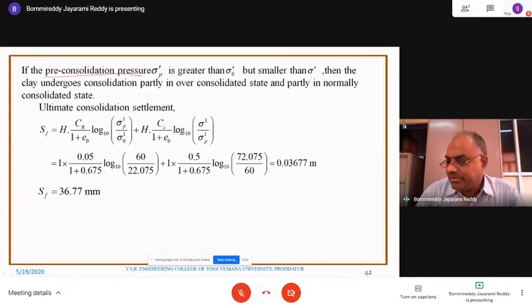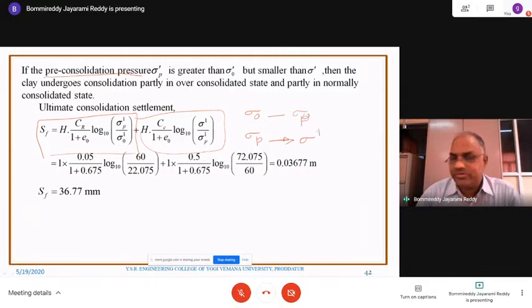So this S is now divided into two different terms. This is one term and this is another term. So the first term is the term in which the pressure is varying from initial stage sigma naught to pre-consolidation pressure sigma p, and the final one is sigma p to sigma dash.